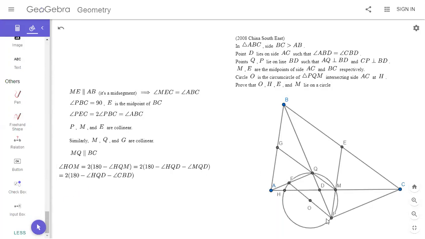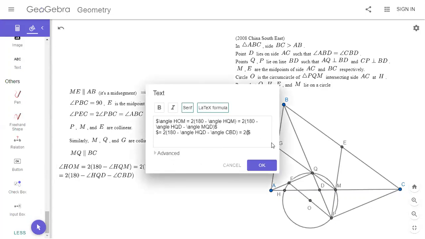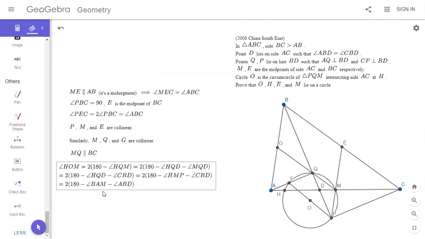So HQD is HMP. Okay, I think I got it. So that's equal to angle BDA.